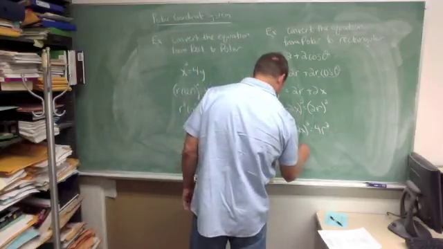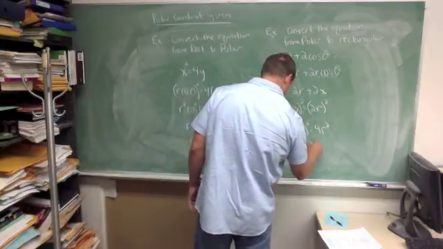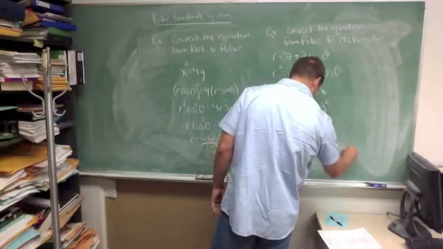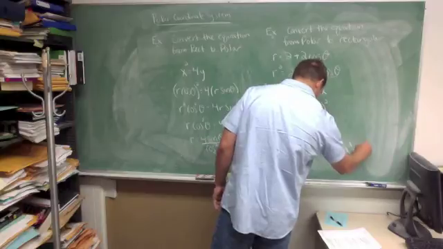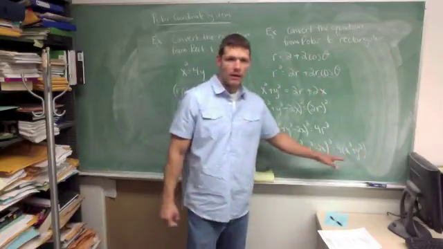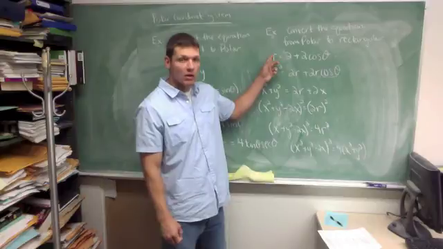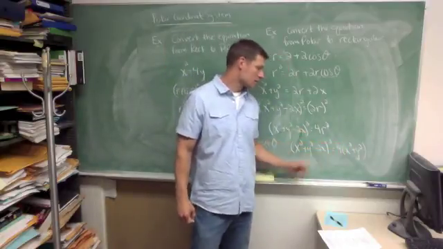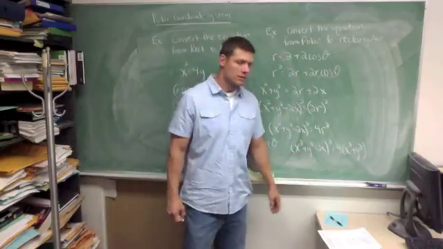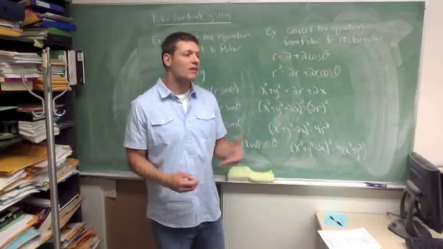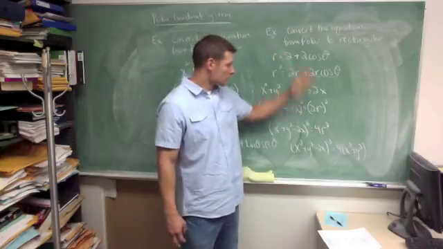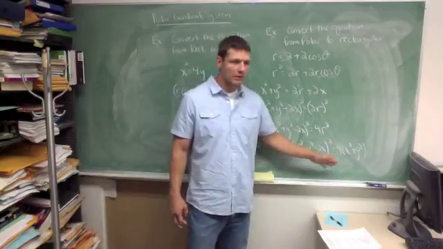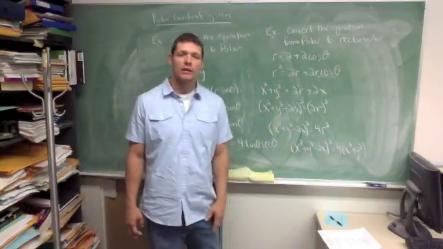So I'll have (x squared plus y squared minus 2x) squared equals 4 times (x squared plus y squared). Now, this is an equation. It's not pretty. This is much easier to write than this one, but yet they mean the same thing. This is an equation just in x's and y's. This is an equation in r and thetas. You'll see that some equations are very easy to graph using polar coordinates and tough using rectangular, and vice versa. Sometimes they're easy in rectangular coordinates and much more difficult to write in polar coordinates.